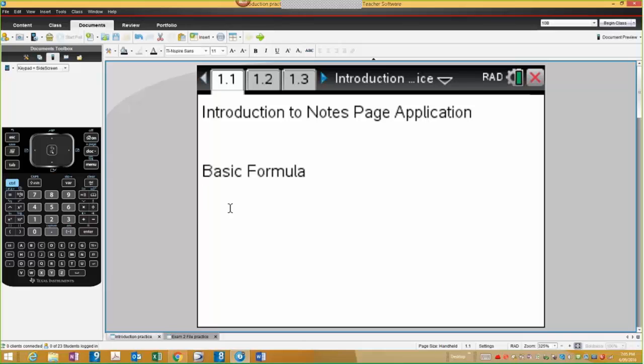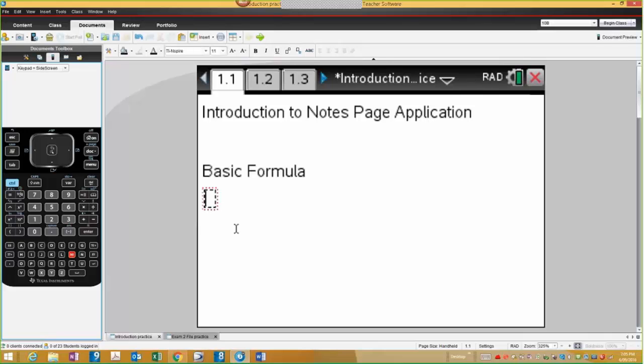For a basic example, if I want to enter some information, for instance 2 points, if we think about our coordinate geometry, I press Control and M on a notes page application, a maths box will occur, and I press x1 to define the x coordinate, and then Control and the Assign button, which is just above the template button written in blue there, I'll give that the value 2.